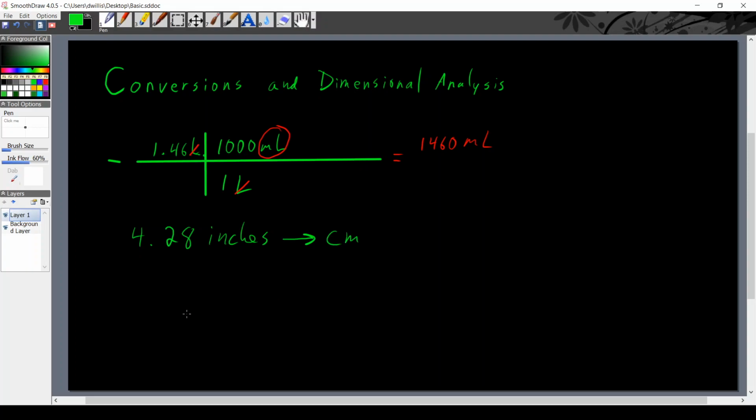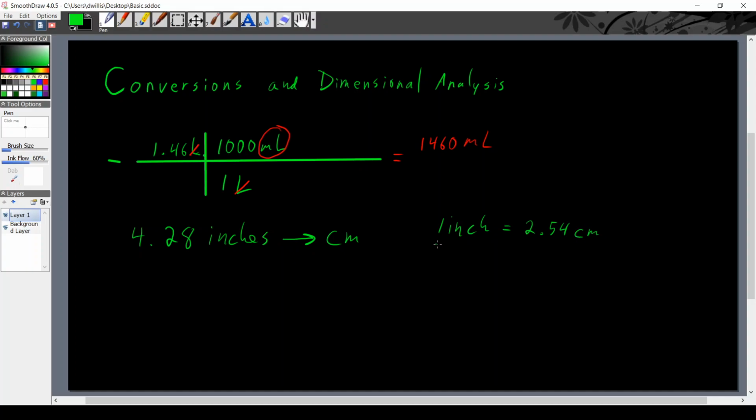Now, you would have to know the equivalent conversion for inches to centimeters. So I will go ahead and tell you that 1 inch is actually defined as being 2.54 centimeters.